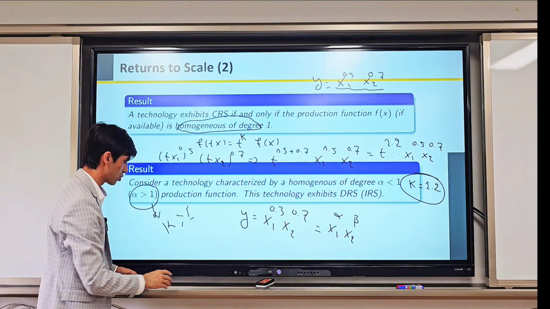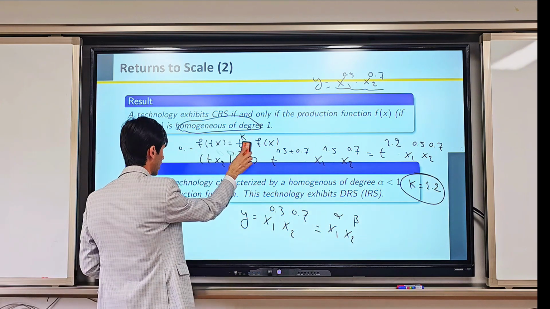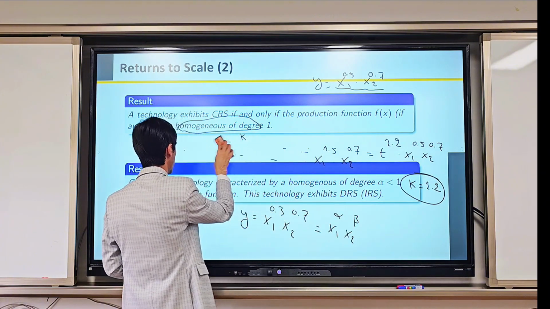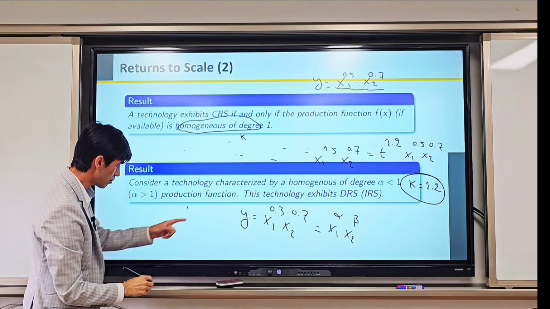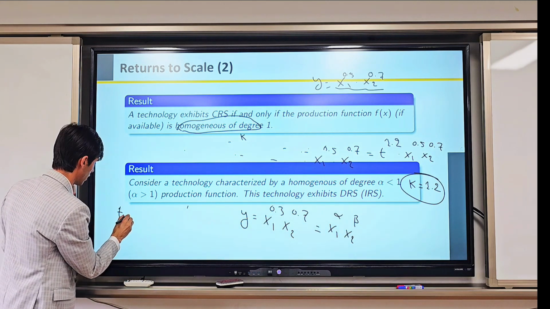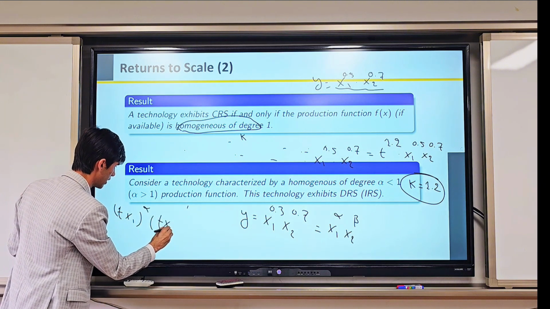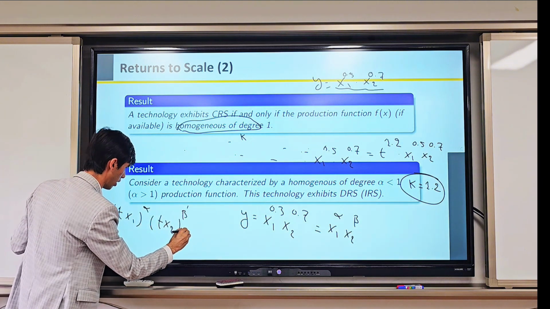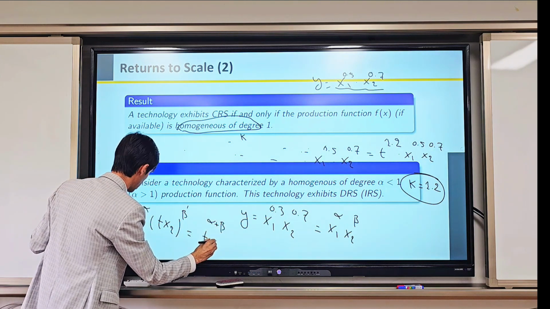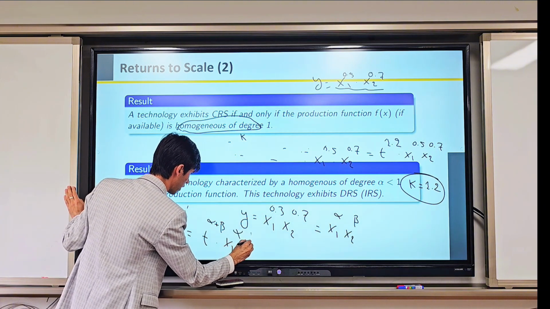For the Cobb-Douglas production function, there's an easy way to conclude whether it shows increasing, decreasing, or constant return to scale. So let's work on that. If we multiply (tx1) to the power of alpha and (tx2) to the power of beta, then we can write t to the power of alpha plus beta multiplied by x1 to the power of alpha, x2 to the power of beta.